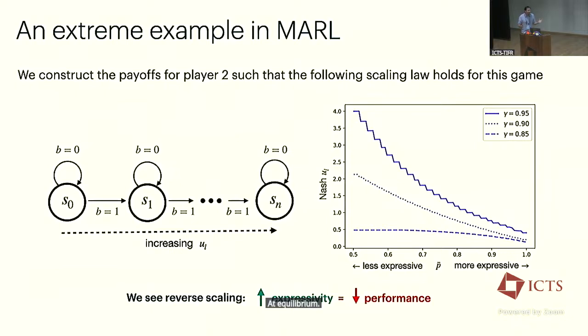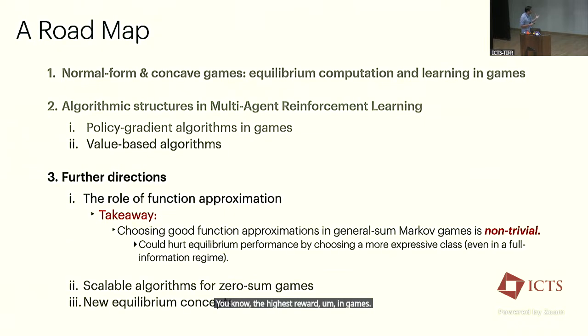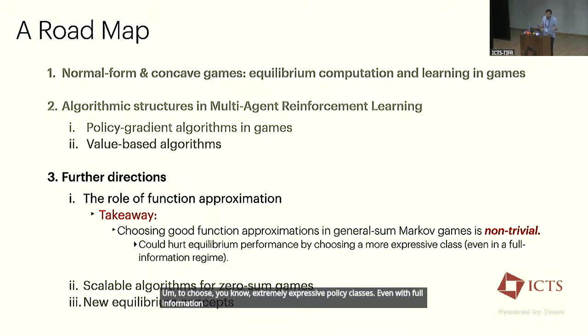So this is just a very simple construction showing that more expressive policy classes don't necessarily yield the highest reward in games. And so basically choosing good function approximators in general sum games is highly non-trivial, and it could actually hurt your equilibrium performance to choose extremely expressive policy classes, even with full information and perfect computation.